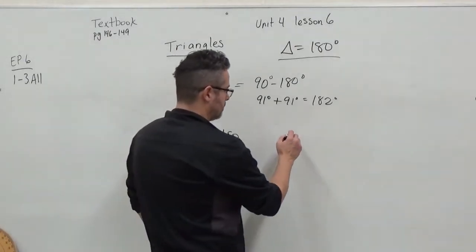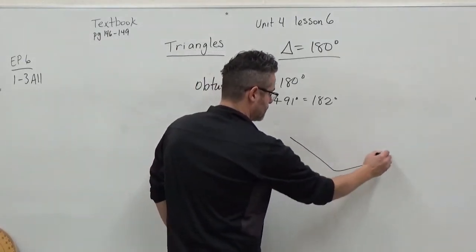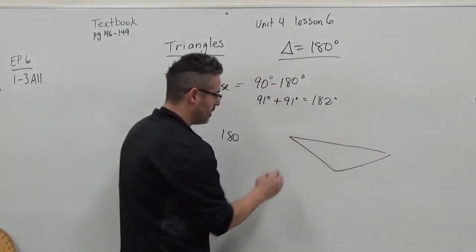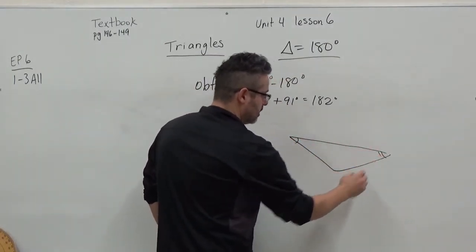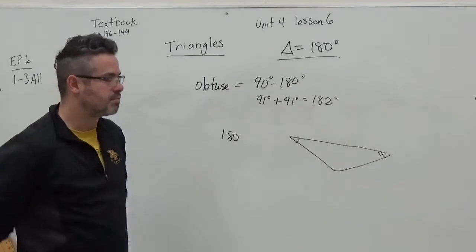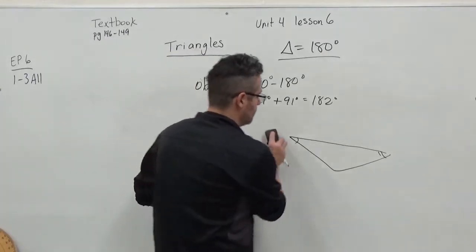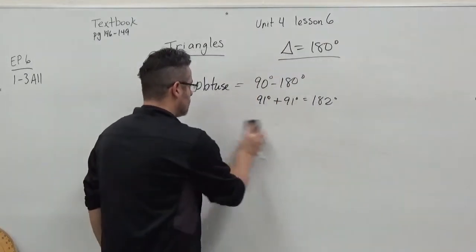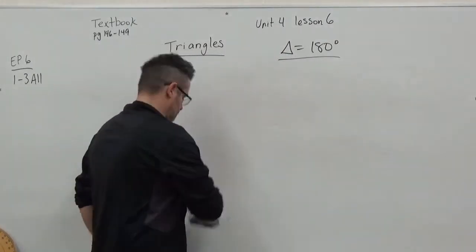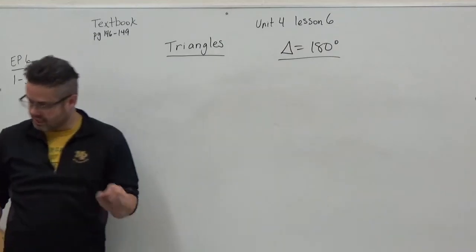So a triangle with an obtuse angle would look like this, but then we can see that these two angles are really small, so we call that acute. Okay, hopefully you remember that. Okay, so no, cannot have more than one obtuse angle.